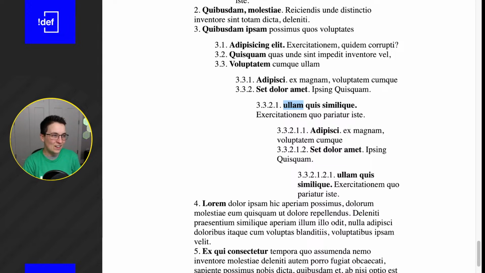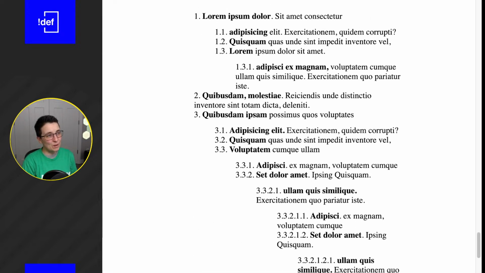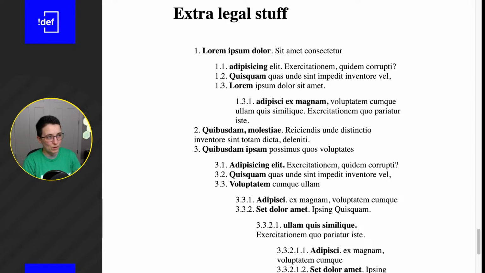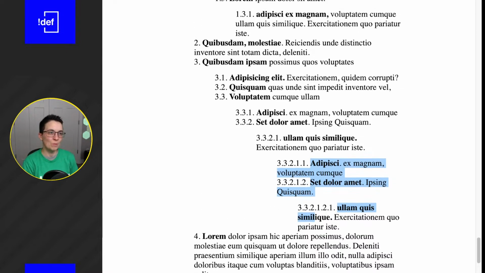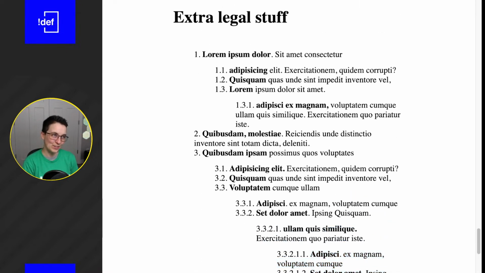And down here, set Dolor, the 3 on this line is practically lined up with the 1 on this set Dolor Amit line. So it's not the prettiest. If you want it to be more beautiful, then you have to use that table cell trick to make things line up so nicely. But again, if your content is ridiculously nested, that probably won't be a great solution.